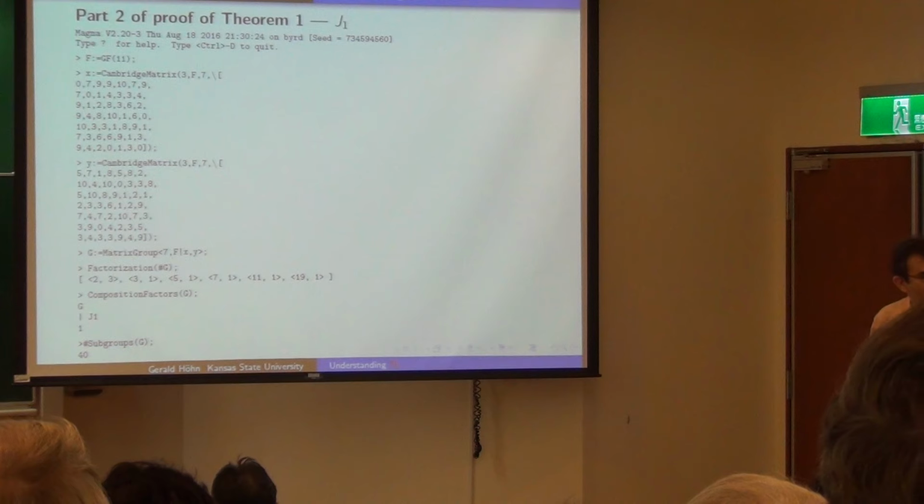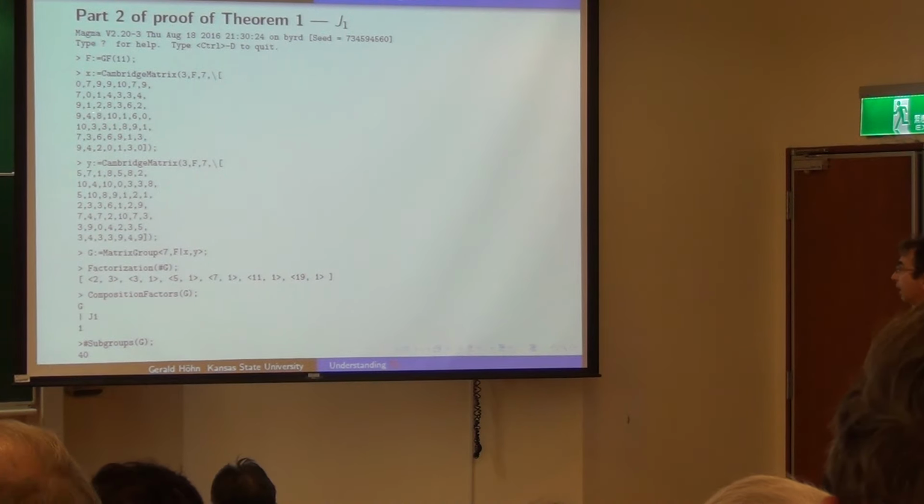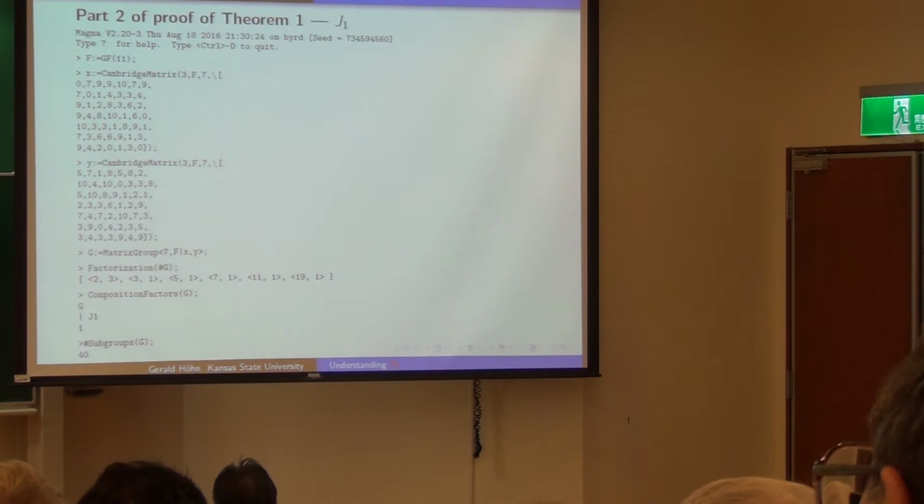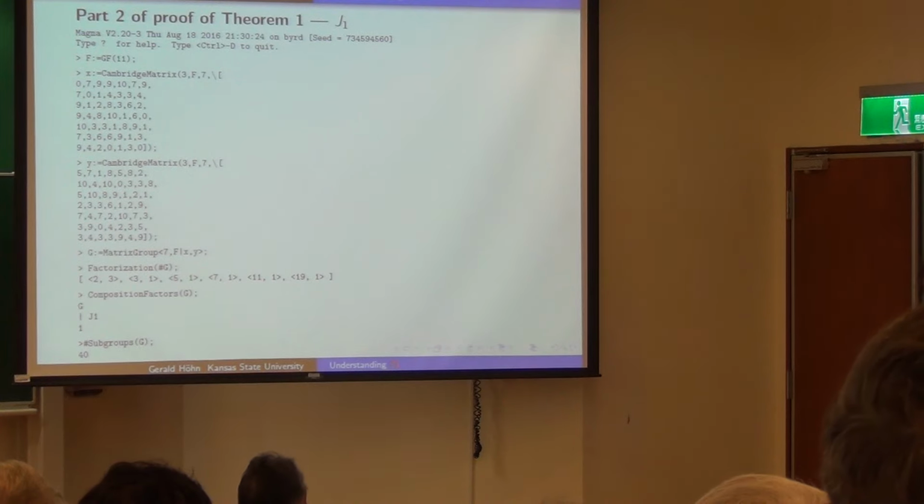How are you defining it? Generating relations? Yes, I mean here. So there are 2 matrices, and you take the matrix group generated by X and Y, and then Janko did this. Janko, yeah, of course, it was originally done by hand, right?